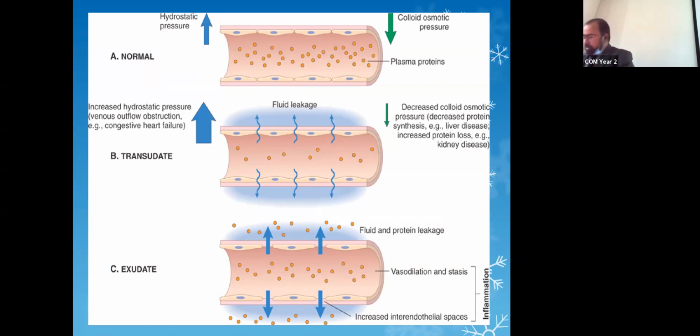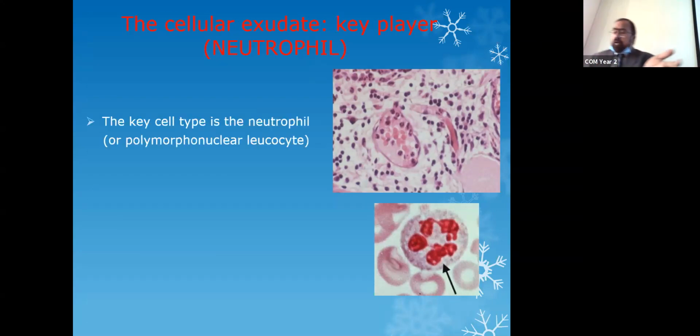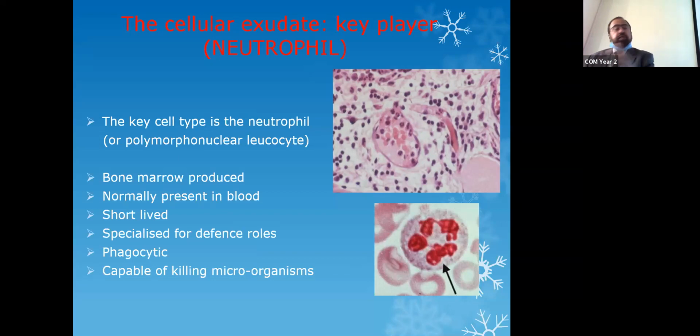Then we will take one by one. Now, the cellular exudate: the key player in acute inflammation is neutrophils. The neutrophils are produced in bone marrow and are normally present in blood. How much? Almost 55 to 65 or 70% in blood inside the vessel.